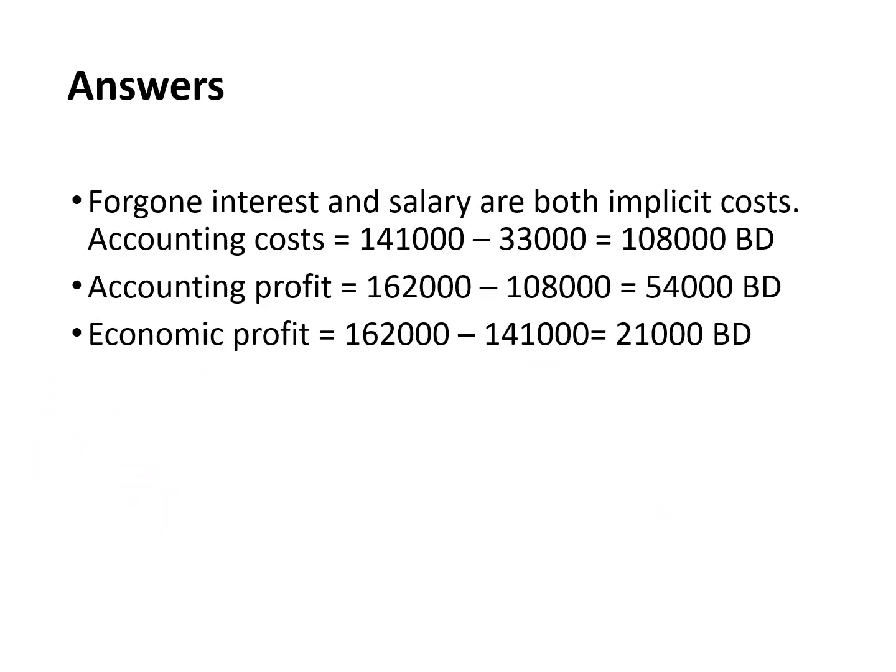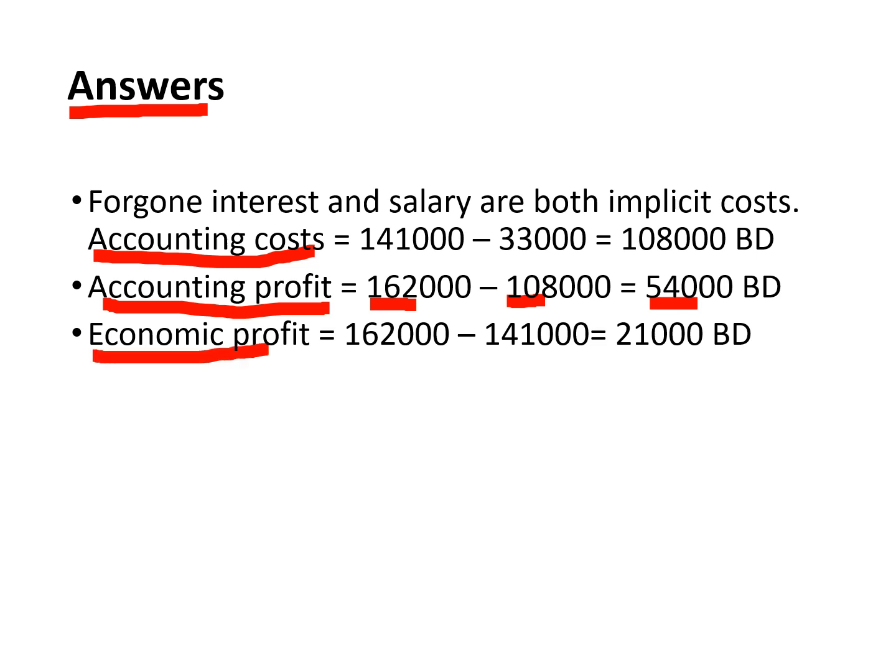Okay, and the answers just goes through the full calculation of accounting costs, which is going to be accounted for here. Accounting profit, okay, which is his revenue minus his accounting costs, giving his accounting profit, okay, and economic profit.